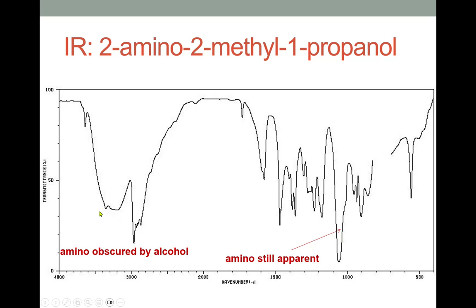If you look carefully, you could maybe justify a little peak there that might say there's something else going on. That's actually going to be our amino group poking its head through, even though it's mostly obscured by the alcohol. So how do I know the amino group is there? Well, I still see it down here. And so this is a case where the fingerprint can be useful, again, particularly with computerized analysis.